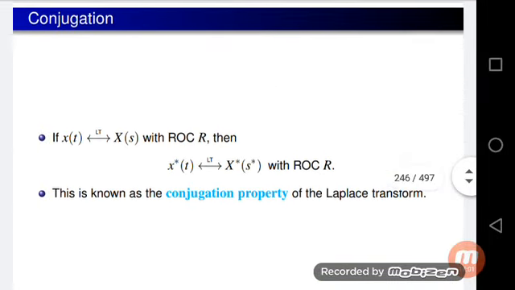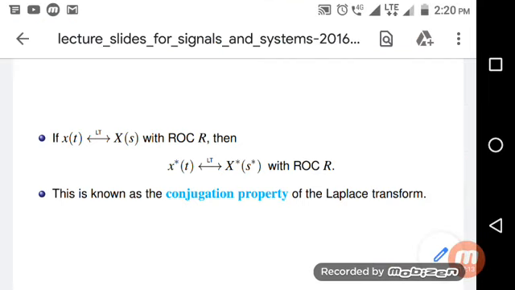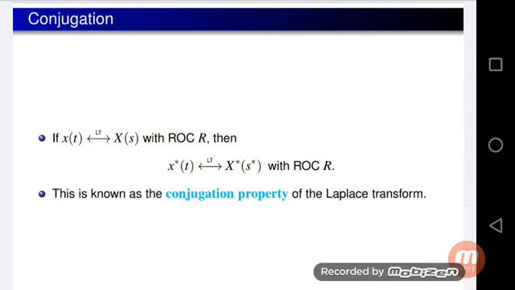Next one is conjugation. Conjugation is nothing but replacing small x with x star, and capital X of s with capital X star of s star.